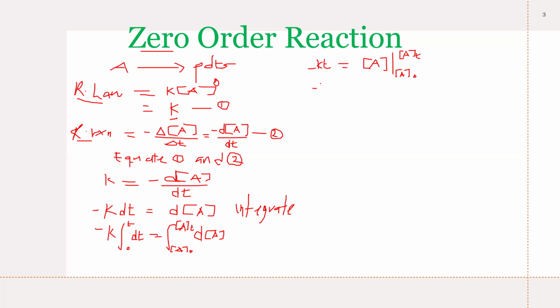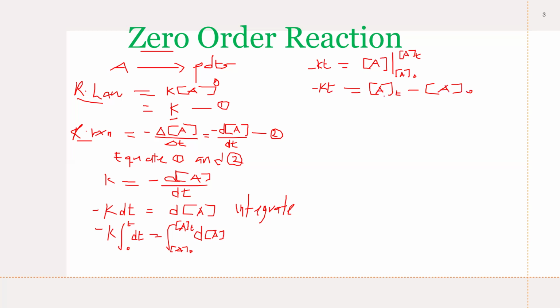So we have negative kt equals the concentration of A at time t, minus A naught.